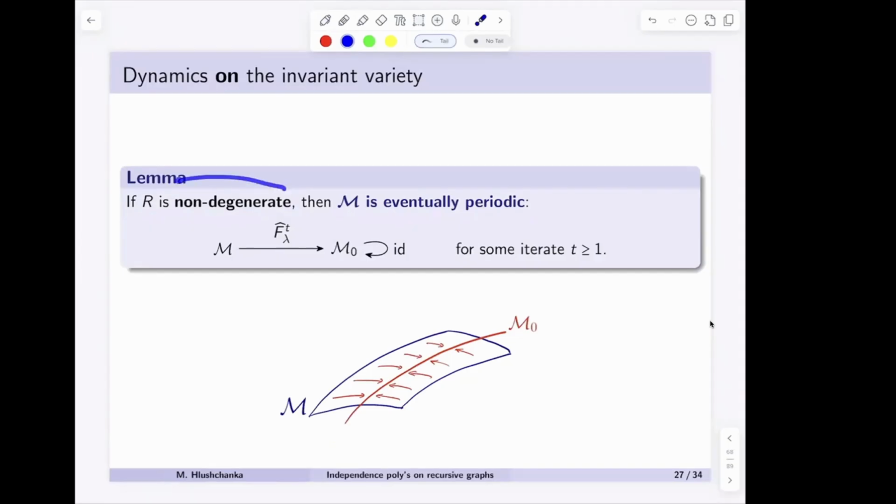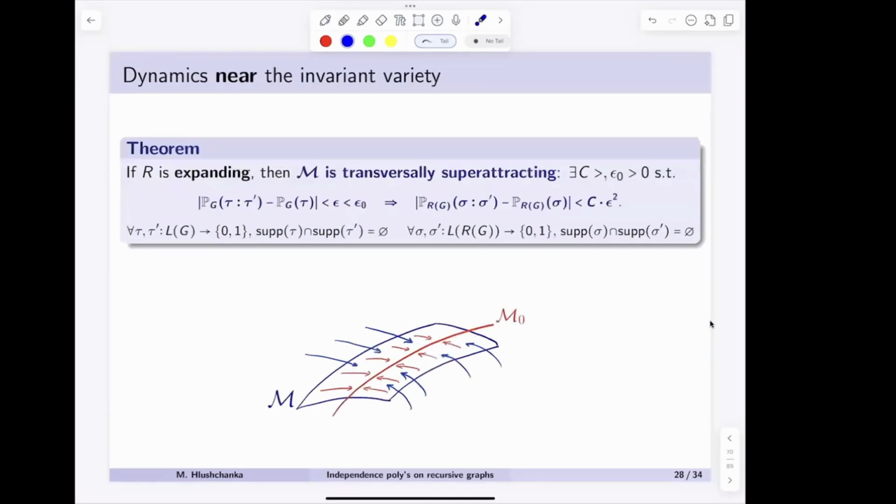So if R is non-degenerate, then the dynamics on the manifold is dynamically not interesting. It's just eventually fixed, up to passing to an iterate. And near the invariant variety, we are transversally superattracting. So if we start nearby, we will converge to the invariant manifold.